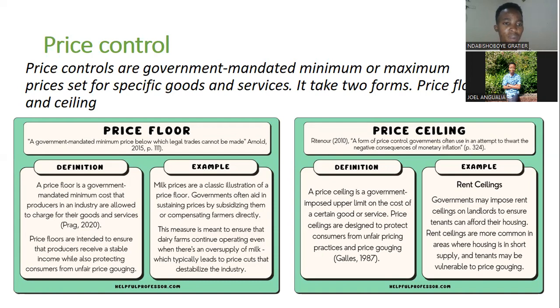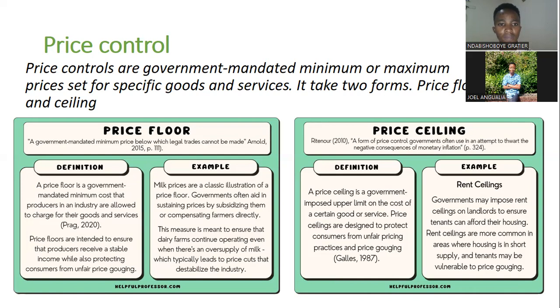A price floor can also be defined as the government-mandated minimum cost that producers in an industry are allowed to charge for their goods and services, according to Prague 2020. Price floors are intended to ensure that producers receive a stable income while also protecting consumers from unfair price gouging.